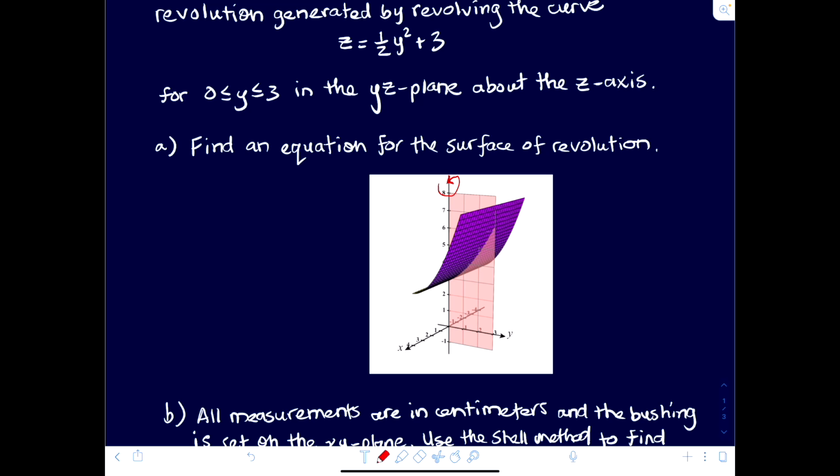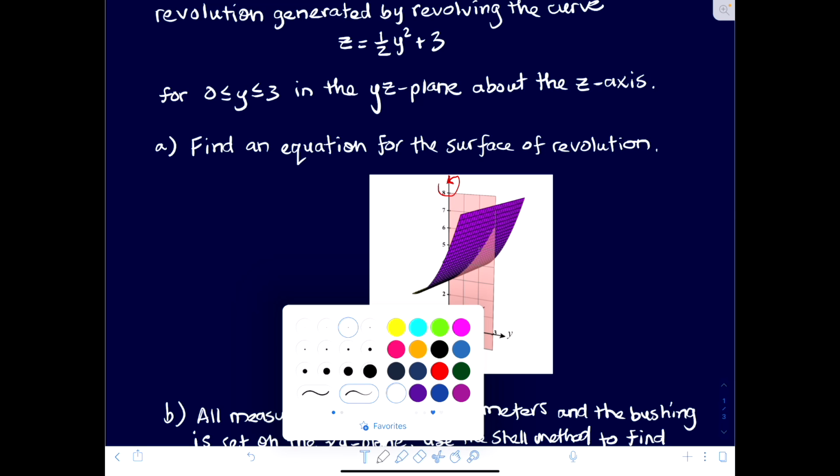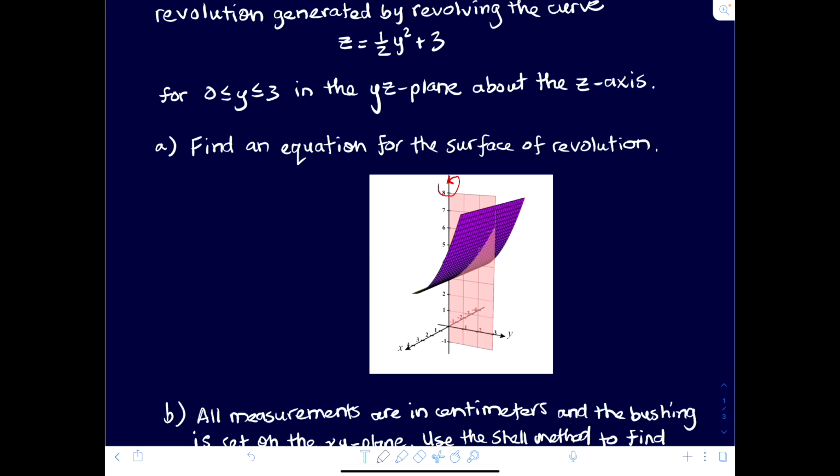So what it would look like at the end, once everything is done, and I'm just kind of trying to explain to you why the formula is what it is, when you're revolving about the z-axis, you have x squared plus y squared, and that's equal to the radius of the circle squared.